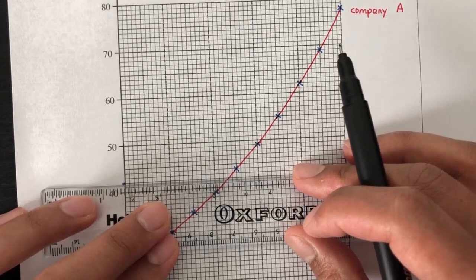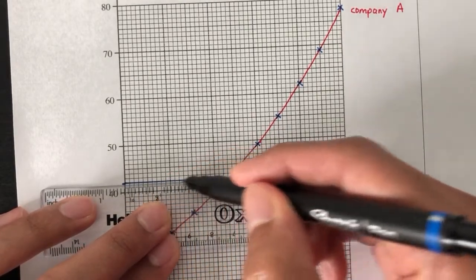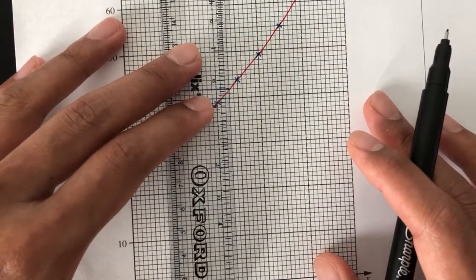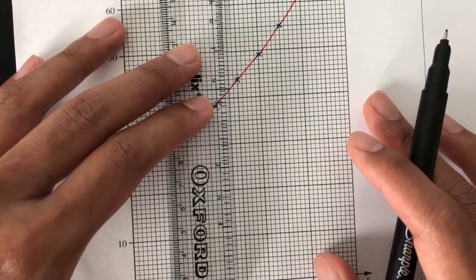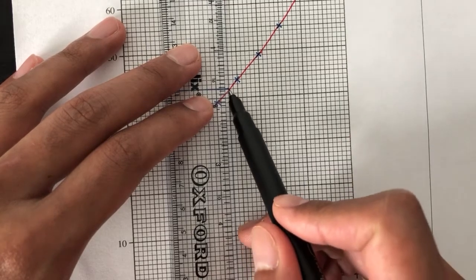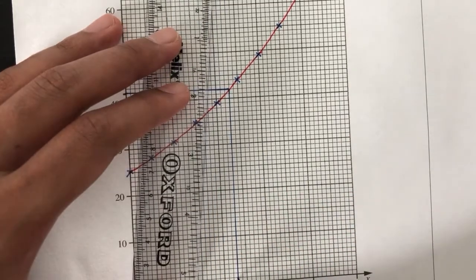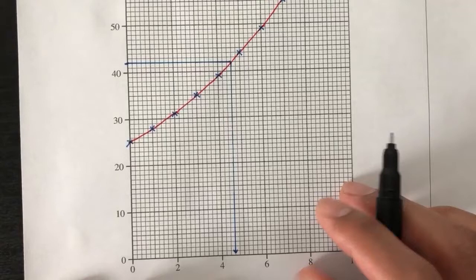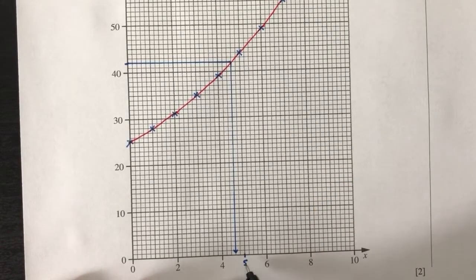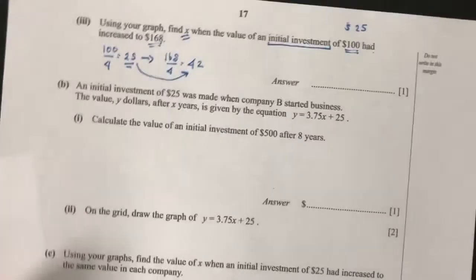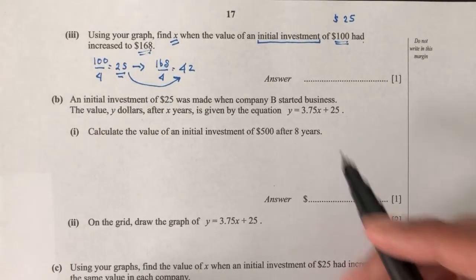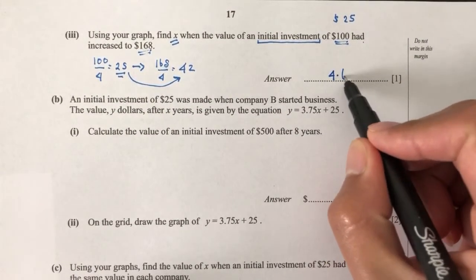So we have to connect to this curve and then draw a line down. So for this one I have, so this is 5 here, this will be 4.6. So the value of x that I have will be 4.6 years. So 4.6 for part 3.